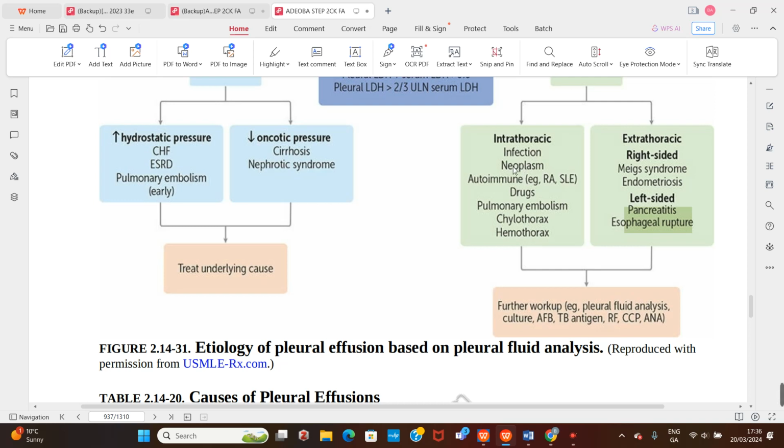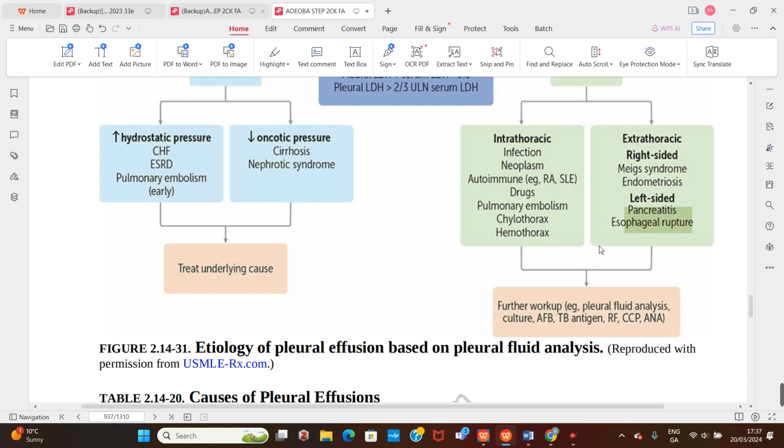Okay. What I was trying to talk about was the fact that you need to do workup for people with this condition. The workup is going to give you an idea of what you are dealing with. So you need to do biochemical, cytologic, microbiological and rheumatologic workup, so that you can narrow down the cause.